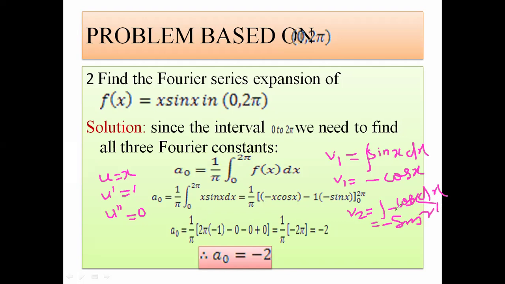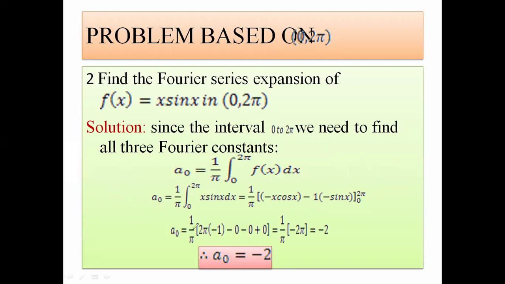That formula you have to apply: u v1 minus u dash v2. You have to apply it here. After that, you have to simplify this. You can apply the upper limit minus the lower limit.